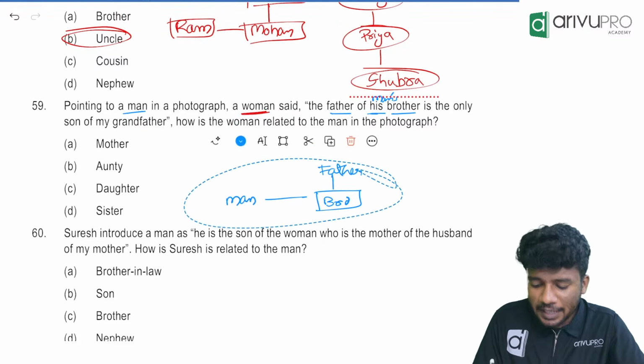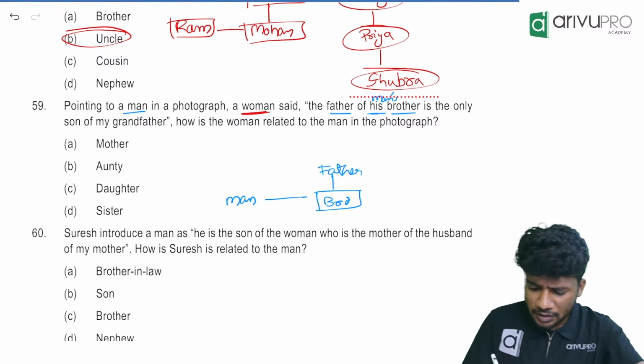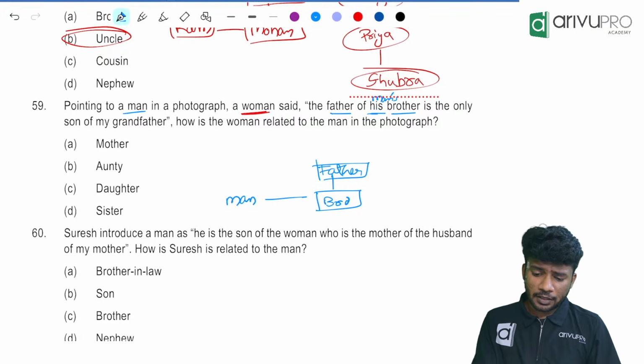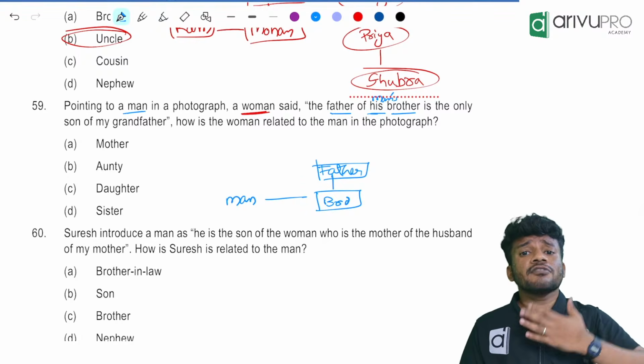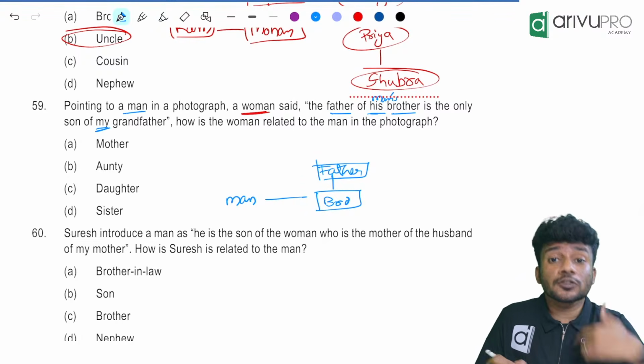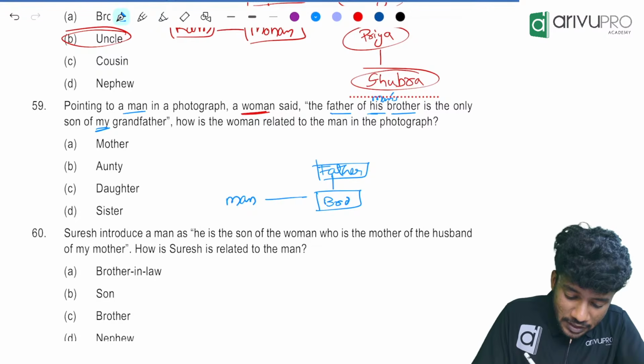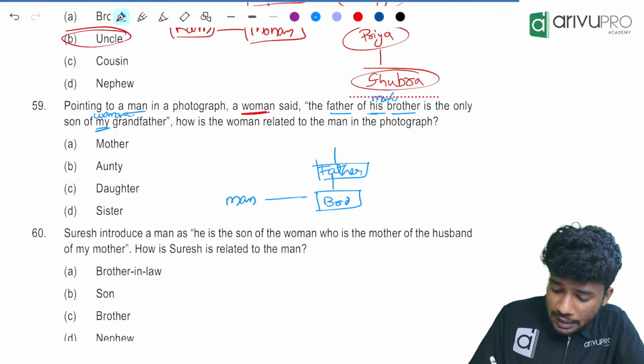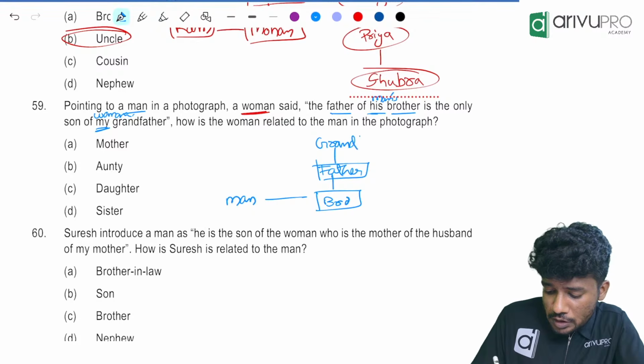So man is there, man is having a brother, and that brother is having a father. Then that father is the only son of my grandfather. My grandfather means whose grandfather? The woman's grandfather. Correct? That means this father is having a father named as what? We'll call that person grandfather.